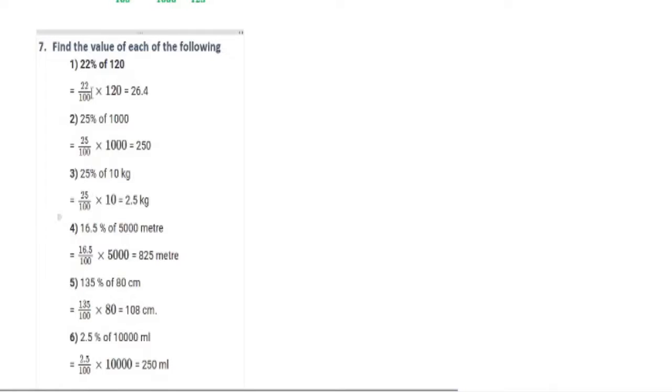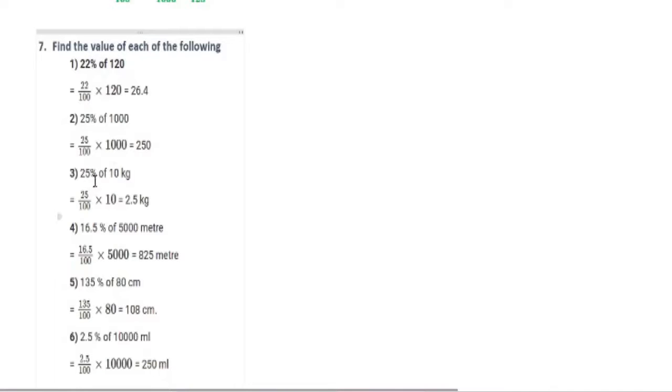So here 22 by 100 into 120. Simplify it. You will get 26.4. Second one, 25% of 1000. You have to understand 25% means 25 by 100 into 1000. That is equal to 250.